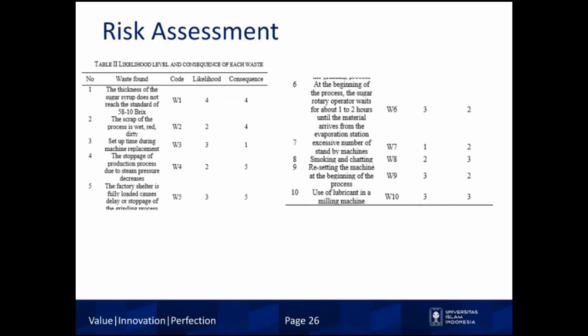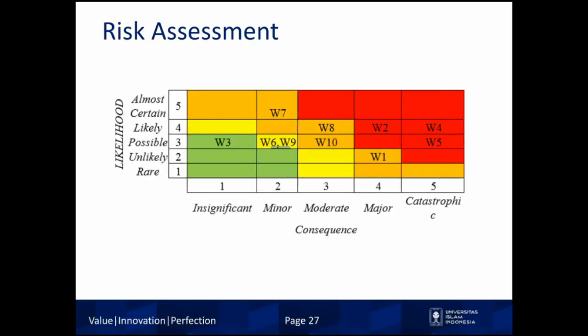Okay, and then what we do next is we assess the risks to see the likelihood and consequences. It is done by doing a simple focus group discussion to determine the likelihood and the consequences for each risk. And the result is then plotted into the risk map like this.